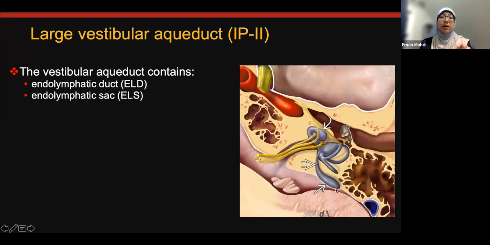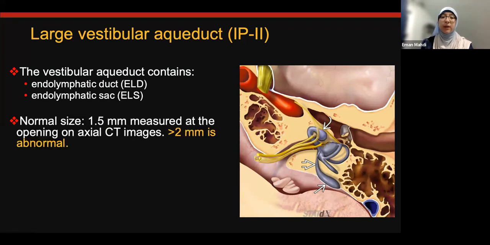An important pathology that can happen is the endolymphatic sac tumor associated with von Hippel-Lindau syndrome, where you see abnormality in that location with a mottled or moth-eaten appearance of the bone. But here, we're talking about the congenital abnormality of large vestibular aqueduct.